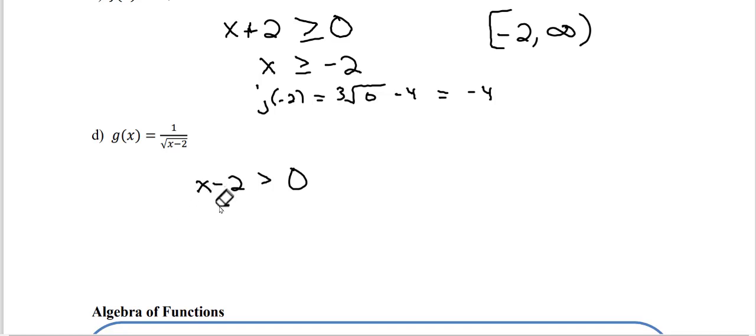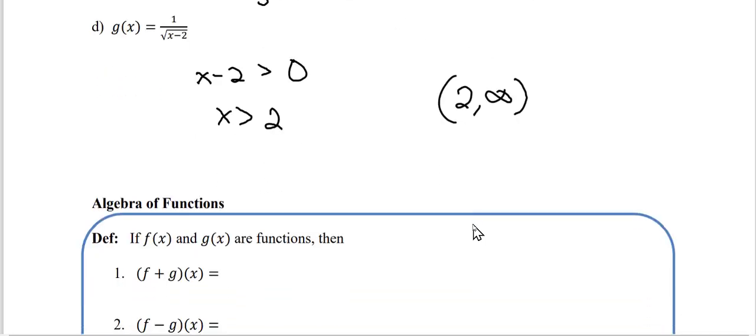Because if x minus 2 is equal to 0, you have the square root of 0 in the denominator, which is 0. You get 1 over 0, and that's not okay. So here we need x to be greater than 2 when we add 2 to both sides. So 2 to infinity.